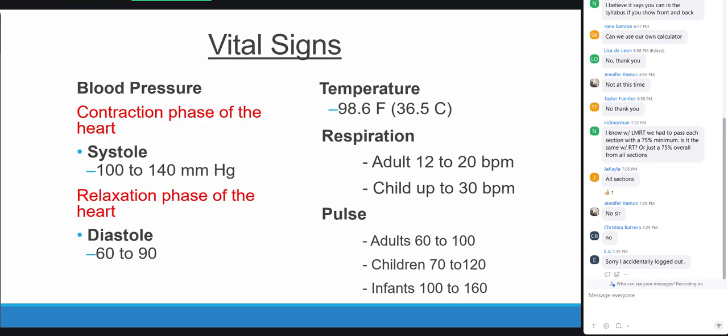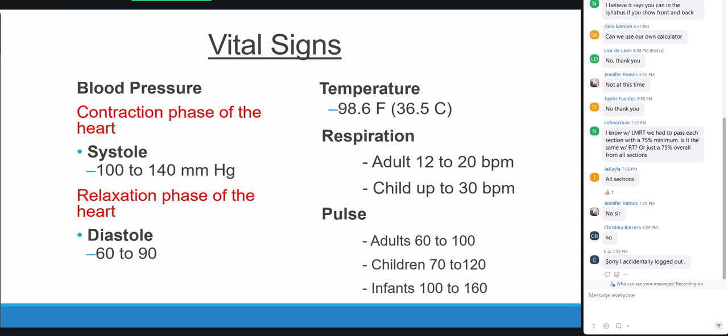The diastolic measurement deals with the relaxation phase of the heart. So the systole should be anywhere from 100 to 140 millimeters of mercury. Diastole should be anywhere from 60 to 90 millimeters of mercury.